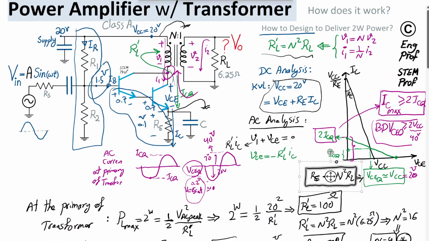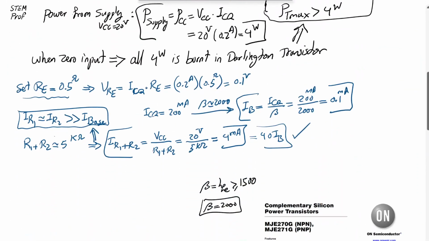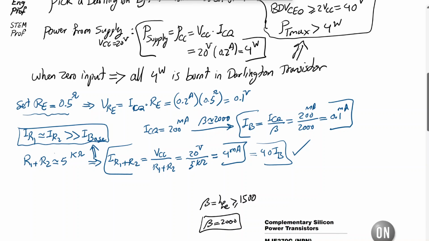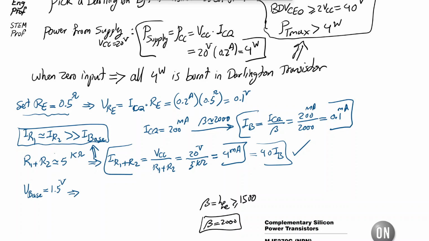Now we want 1.5 at the base, so we can find R1 and R2 as well. I want the voltage at the base of the Darlington transistor to be 1.5 volt, and R1 and R2 are basically in series. So the voltage at the base is VCC times R2 divided by R1 plus R2, voltage division between these two resistors. And we know the sum is 5K, we set it intentionally to be 5K.